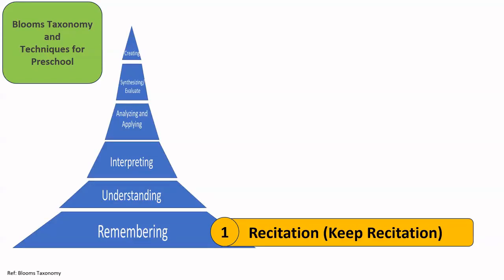Now, how can we correct them? Ensure that along with the child, you make the child remember and recite again and again. So that is the very, very easy technique. You have to follow this. If it is a rhyme, until each and every child in your class is able to complete a rhyme, you don't shift to the second rhyme.